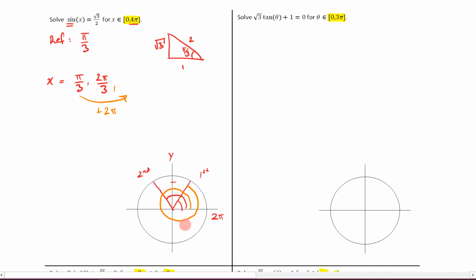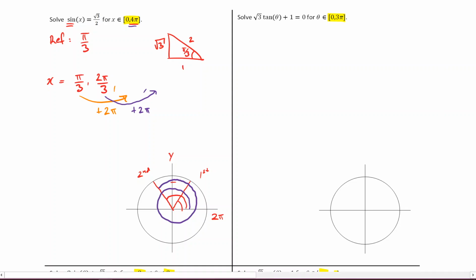How can I do this? Let me rub this one out. I'm going to have to go around again, and then stop here. Because remember, it's till 4 pi. I need to make 2 loops around my unit circle. To find that one, I'm going to take this one and plus 2 pi to it. And that's where I stop, because 4 pi just means go around it twice.